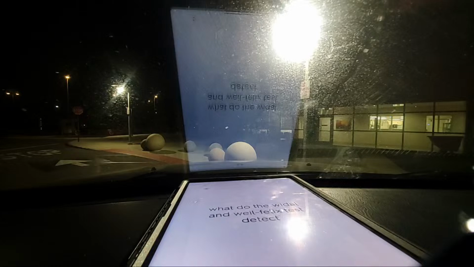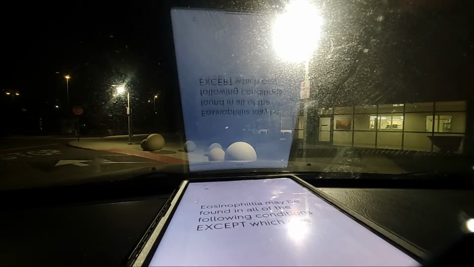What do the Widal and Weil-Felix tests detect? Febrile agglutinins. Which one of the following is anaerobic? Actinomyces israelii. Eosinophilia may be found in all of the following conditions except which one?